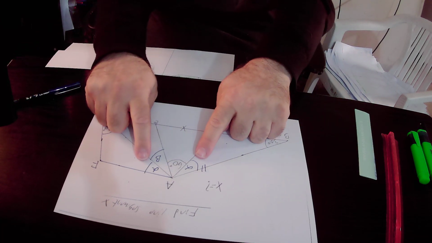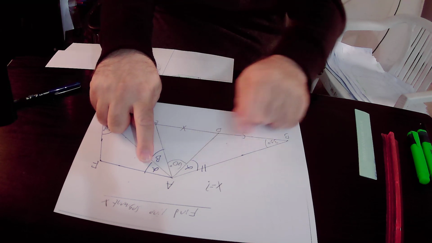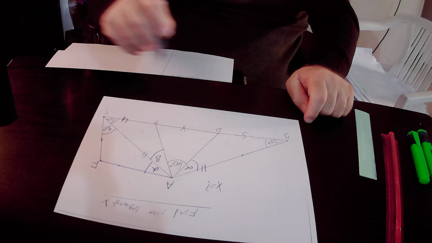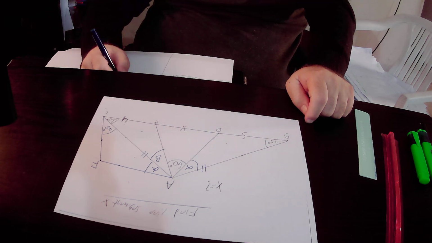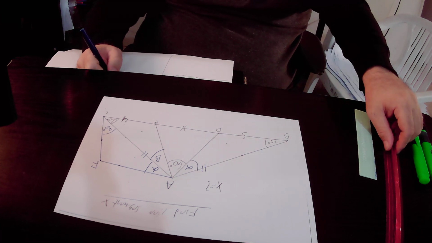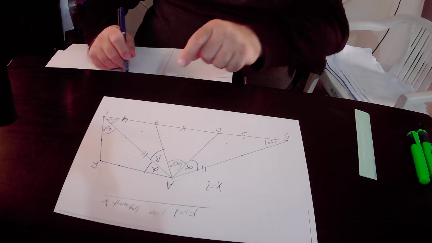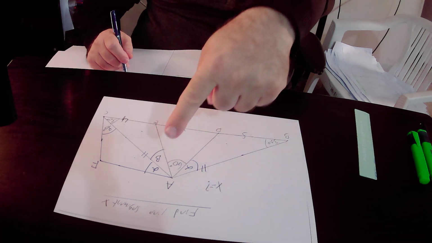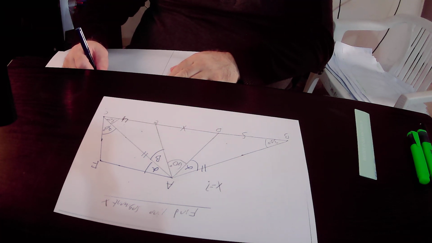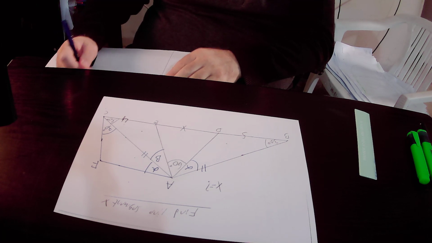First of all, those two angles are both equal to alpha, therefore they are equal to each other. So this angle BAD is equal to this angle that is actually angle CAF, and they are both equal to alpha, therefore they are equal to each other.